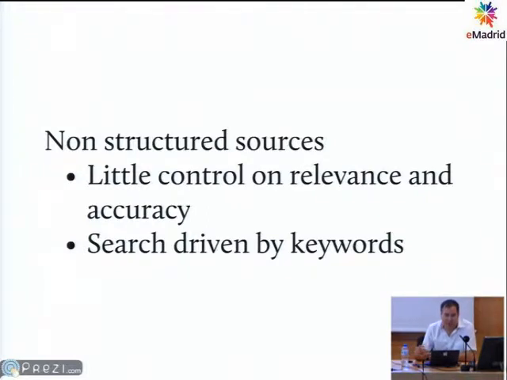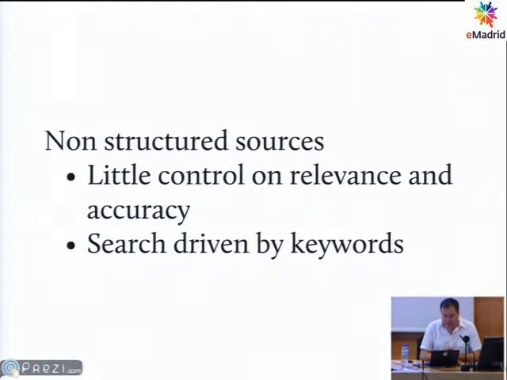Without the control of having metadata, what we have is just to search in the web. So in this case, we don't have very much control. So sometimes we are going to retrieve something we don't care about.